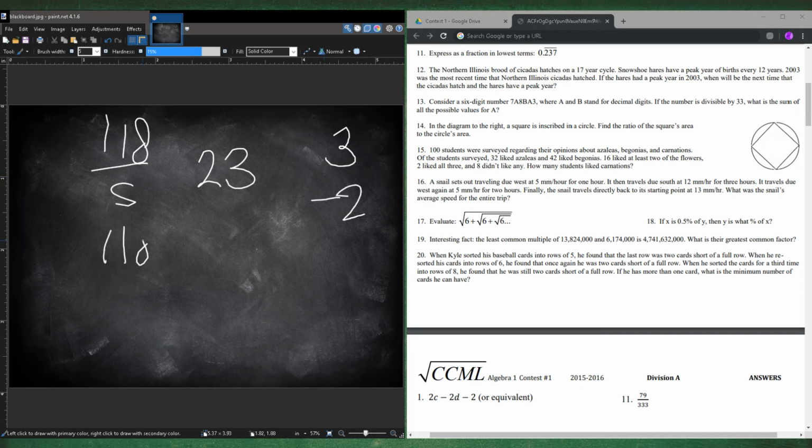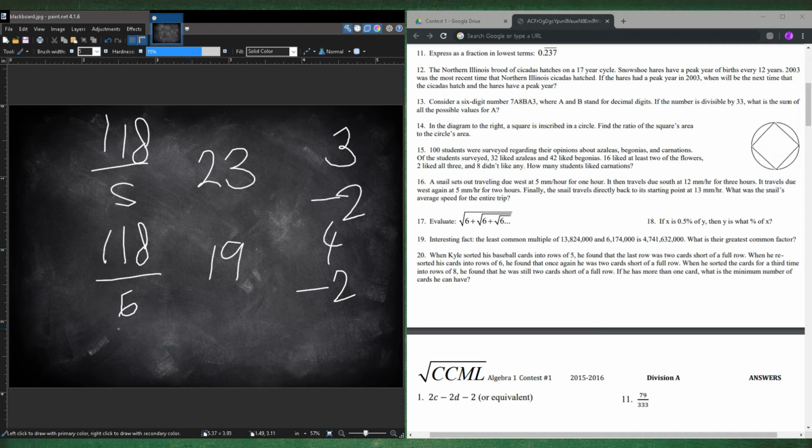Now 118 divided by 6 is 19 with 54 used, so 4 left over, and you need 6 for a full row, so it's short by 2.